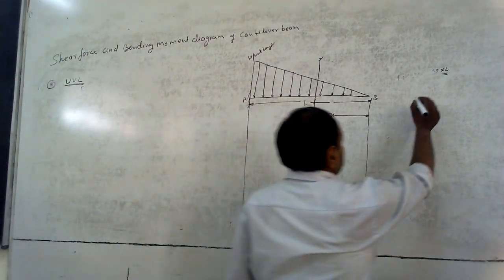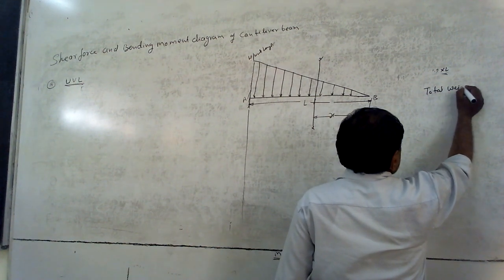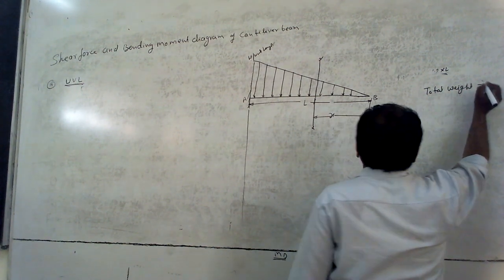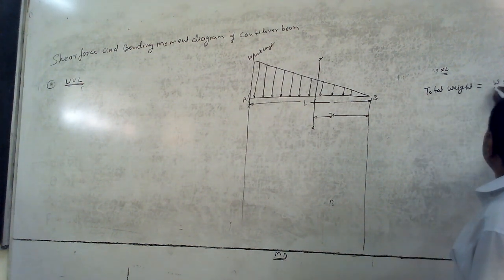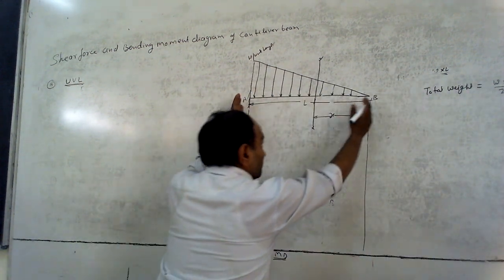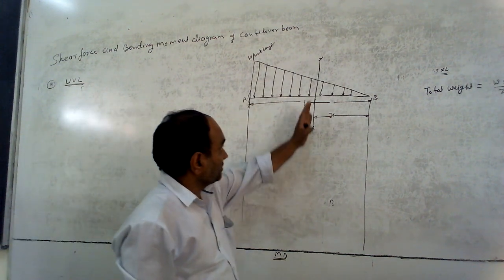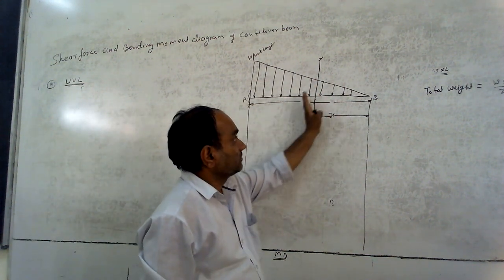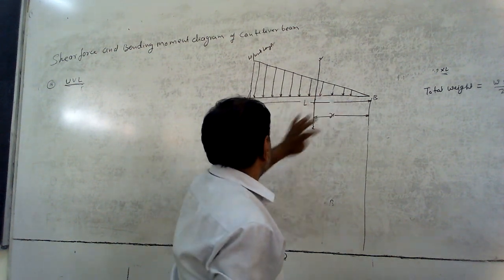The total weight equals W into L by 2. This is the total weight that is acting over this beam AB. So we have to consider only this portion. First we have to derive a relation for this.